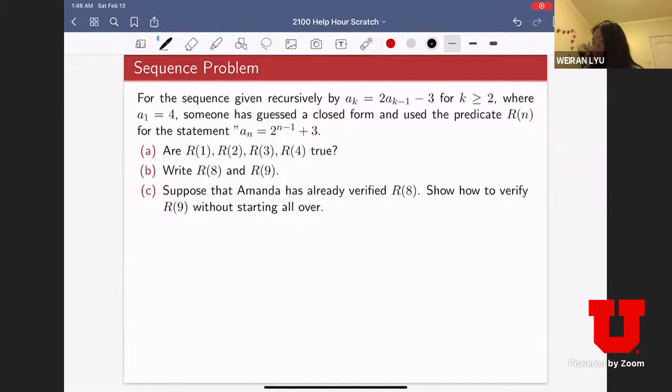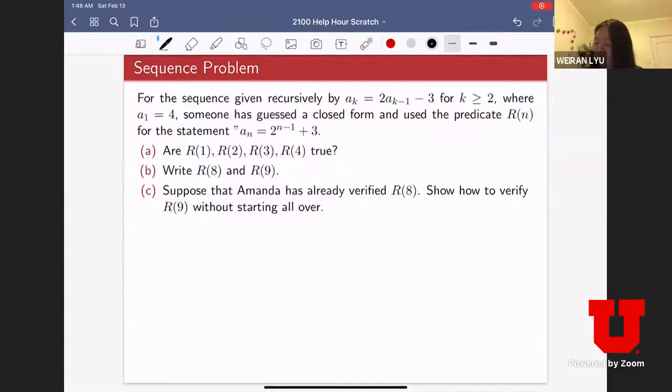So anyone who wants to talk about what you get for the first four terms? I got 4, 5, 7, 11, and 19 for both of them.